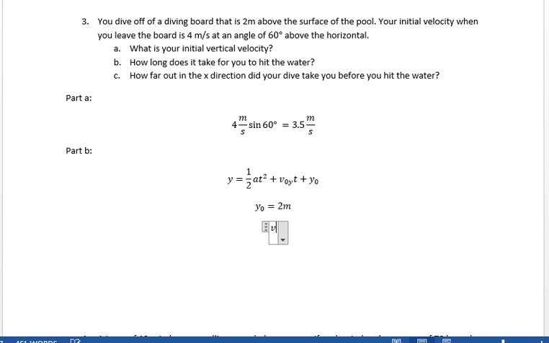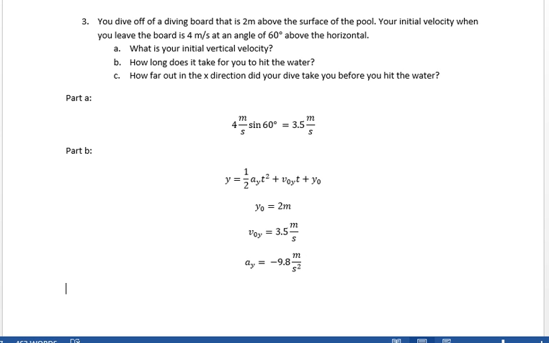V naught y is 3.5 meters per second, and a y, let me put a line there, a y is minus 9.8 meters per second squared, right?